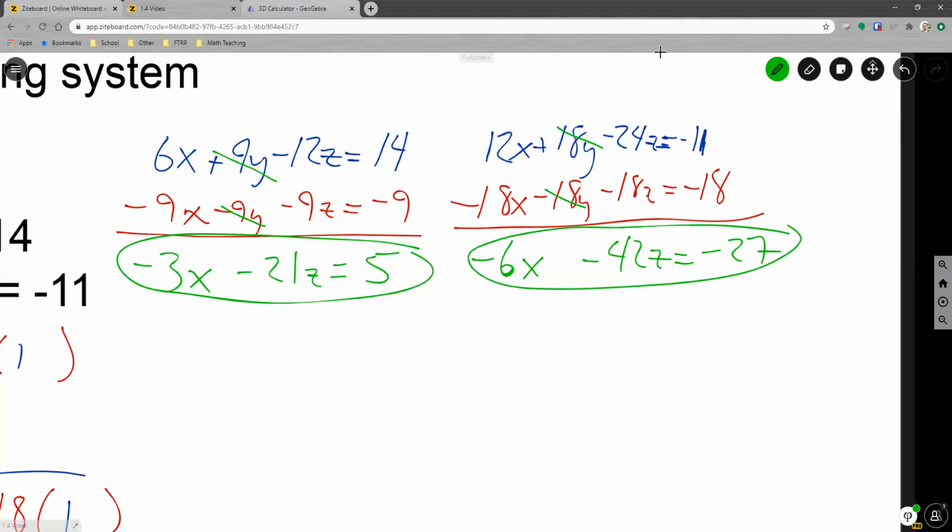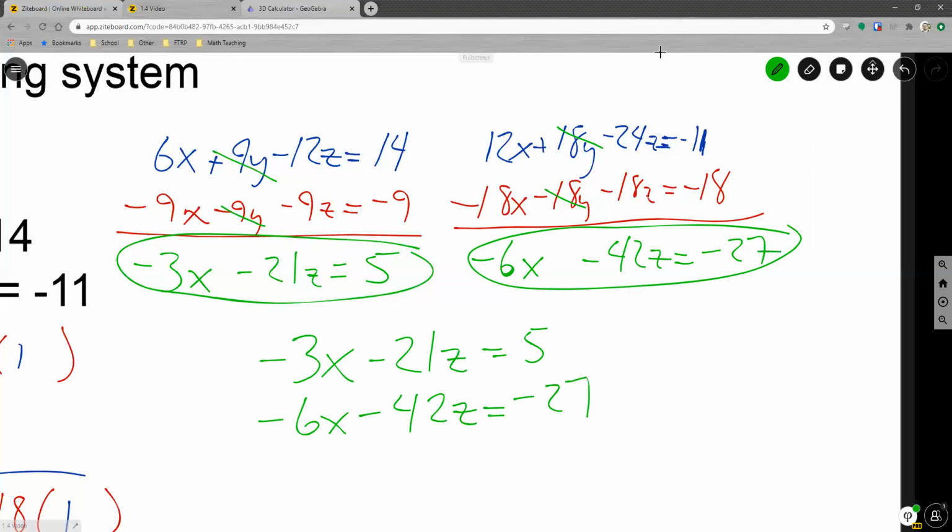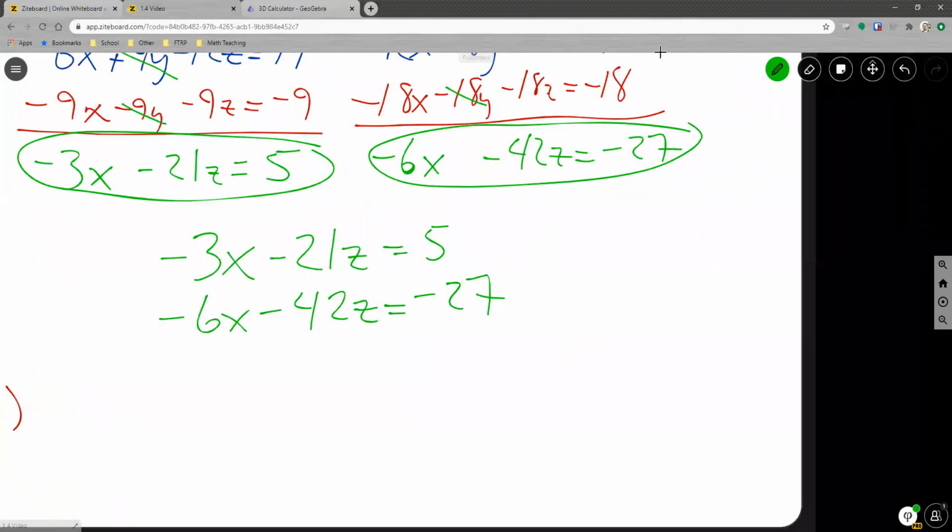Well, now I've got two equations. I'm going to stack them up, create my new system. Okay, we got another weird situation here. We don't have anything that is easily multipliable like a single x, single y, single z.